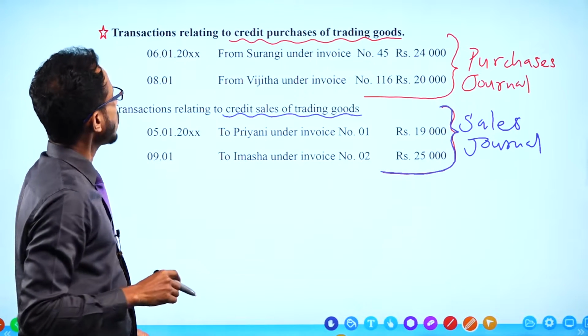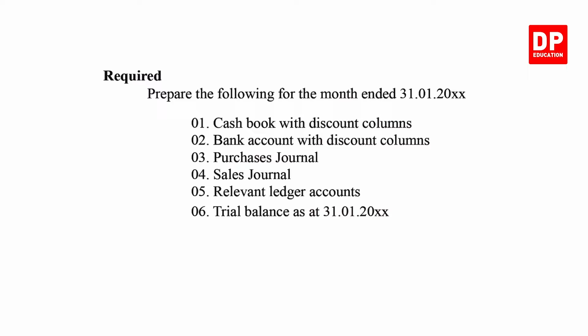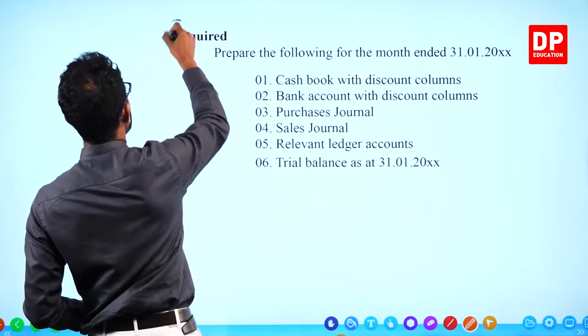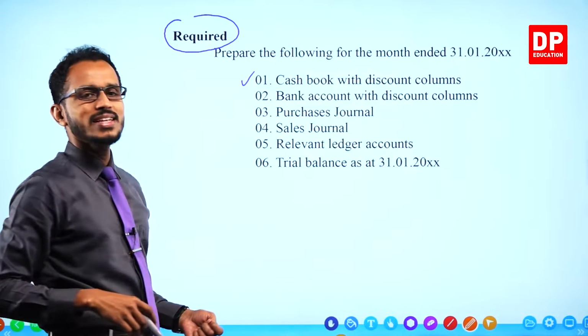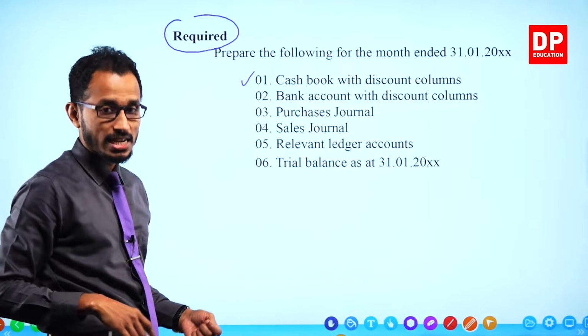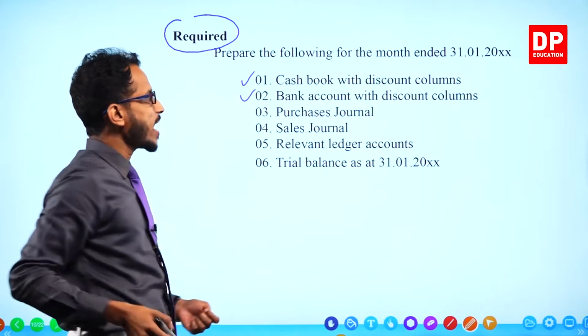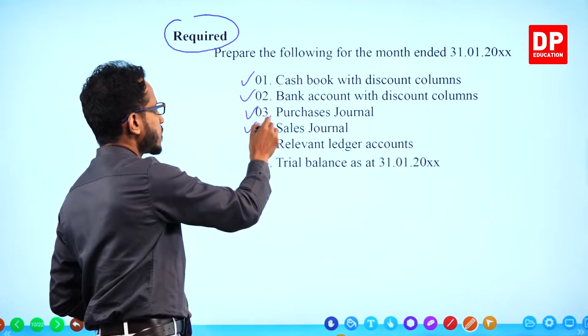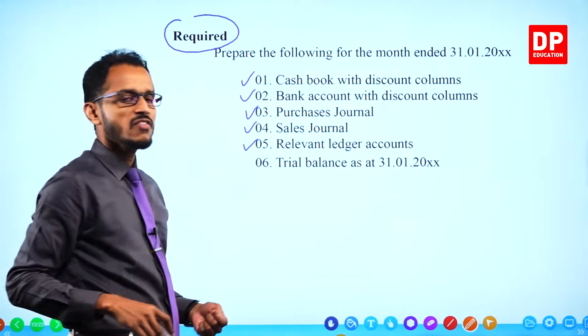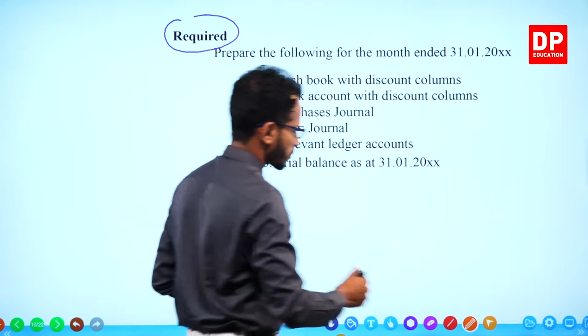Do we have more information? Oh no, we don't have more. We have the required part. What is required? We need a cash book with discount columns. We need to prepare a bank account with discount columns. We need to prepare a purchases journal, sales journal, and relevant ledger accounts.